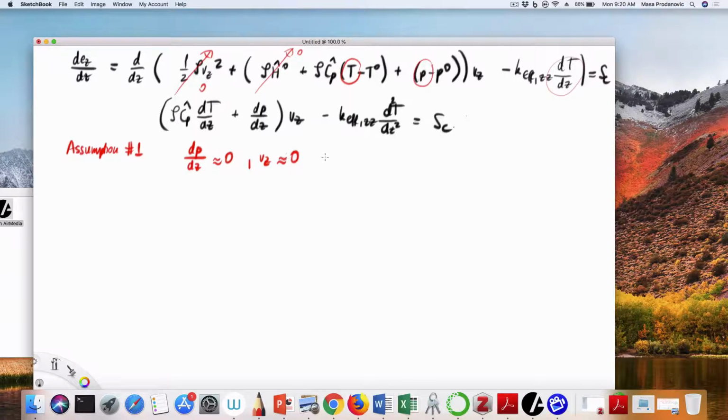So when multiplied together, the product is even smaller and can be ignored as a first order solution. Okay, so we got rid of the pressure one.